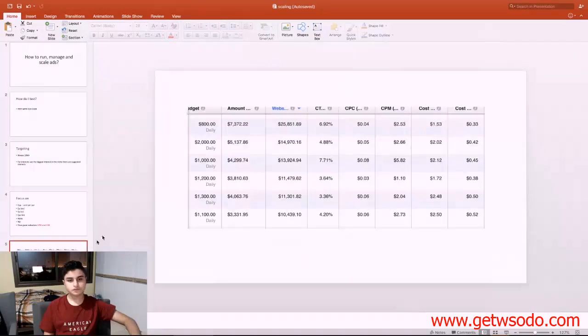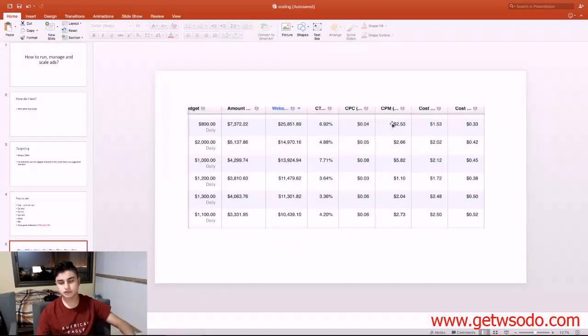So this is just an example. We have your budgets, amount spent. Here's the website conversion, think about 3x. Here's the CTR, 6%. All of those are videos, with 6, 4, 7, 3, 3.3, 4.20. You have the CPC link here, so low. That's worldwide traffic, 0.04, 0.05, 0.08.